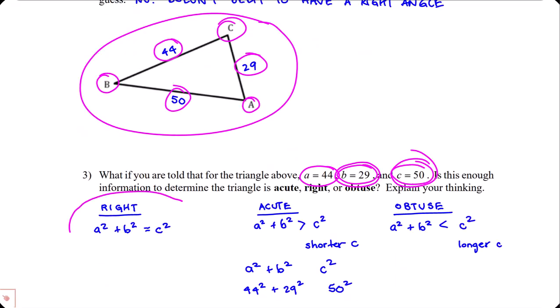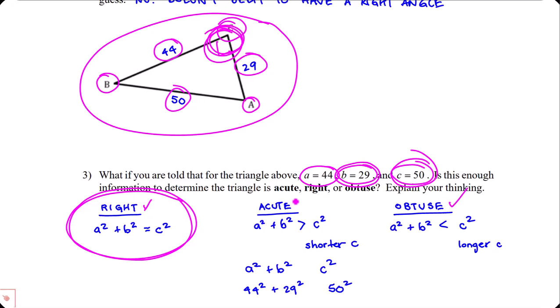If it's a right triangle, like we just said a moment ago, it has to fit the Pythagorean theorem. But if it doesn't, then this angle is either bigger than a right angle or smaller than a right angle. If it's a right angle, it's a right triangle. If it's bigger than a right angle, it's obtuse.